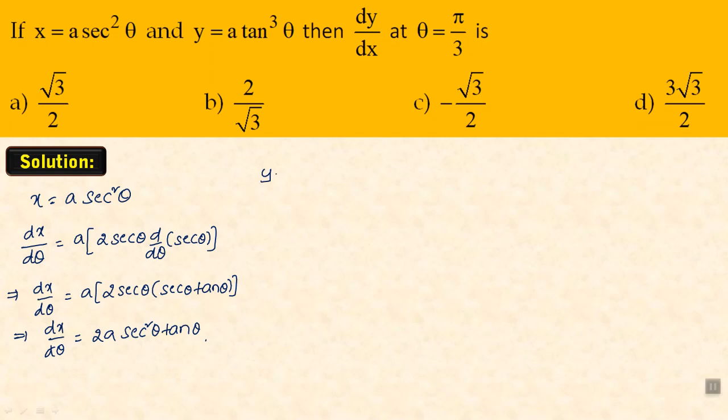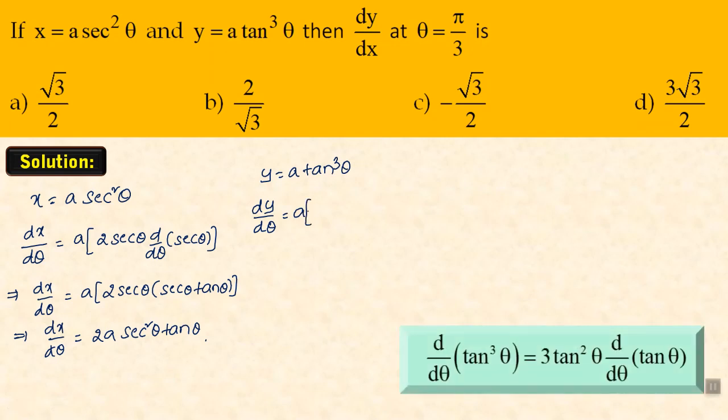Also given y is equals to a into tan cubed theta. Now differentiating with respect to theta, we get dy by d theta is equals to, a is constant. Differentiation of tan cubed theta is 3 into tan square theta into d by d theta of tan theta.